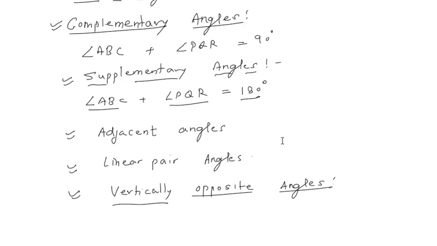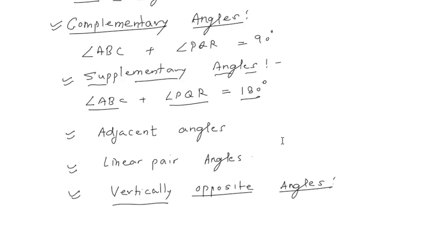So what different terms have we seen? We have seen what we mean by line segment, what is a ray, what is a line, what we mean by collinear points and non-collinear points, what the different types of angles are, that is acute angle, right angle, obtuse angle, straight angle, reflex angle. We have seen two more angles, that is zero angle and complete angle.